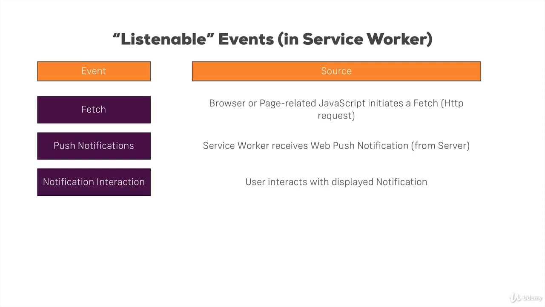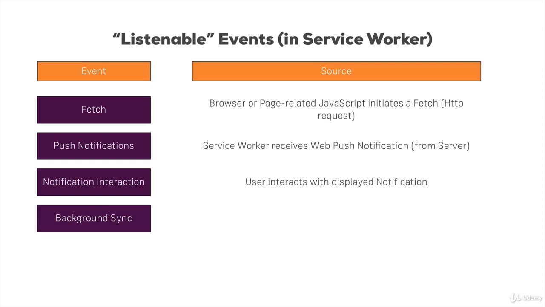So you can react to user interaction with notifications in the service worker. Why do you do that in the service worker and not in the normal JavaScript code? Because again, that might not be loaded. There might not be a tab open with your web application. The service worker always runs though, so it's the best place to handle notification interaction.